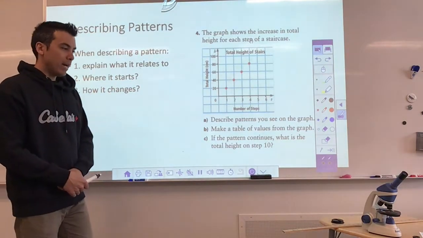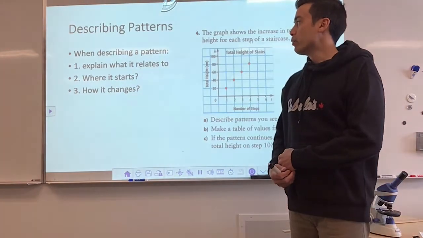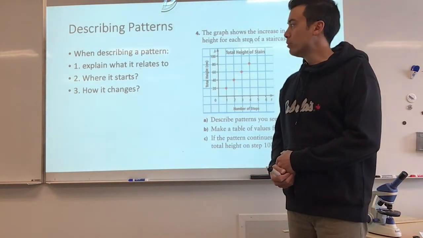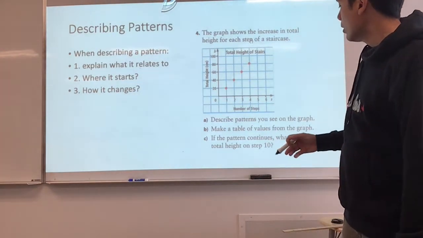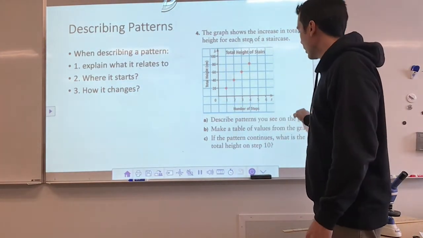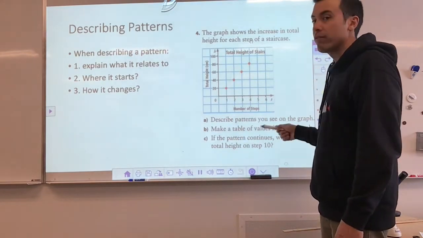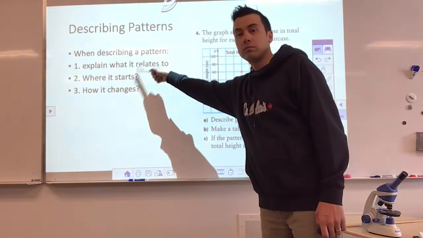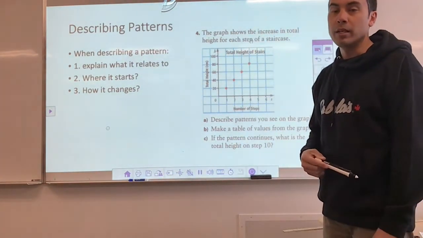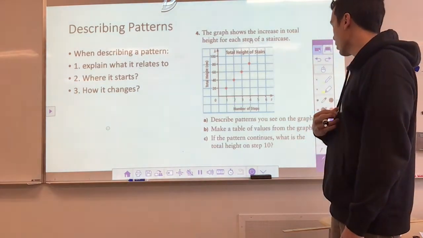You will be asked to describe these patterns in 3 different ways. Let's talk about them. Number 1, what this graph relates to, where it starts, and how it changes. So when I get to a question like this that says describe patterns you see on the graph, I want to talk about those 3 things that are listed right here in my answer, to the reader or whoever is looking at this.